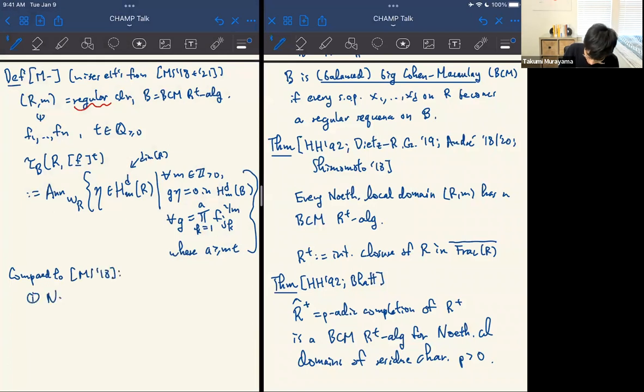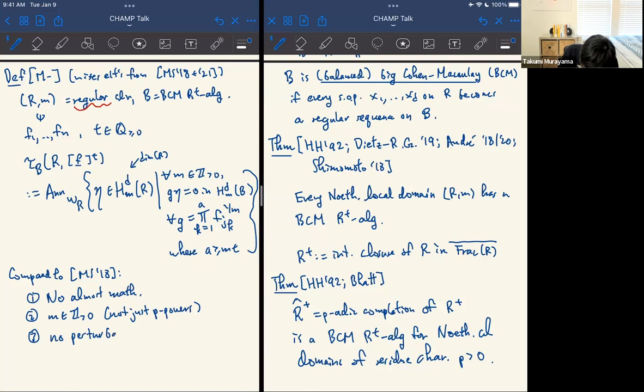First of all, there's no almost mathematics involved. Second, I'm ranging over all integers m instead of just p powers. And third, I don't perturb these. So, these comments are really for those of you that are familiar with the Schwede paper. And the last thing I'll say is that it works in all characteristics.